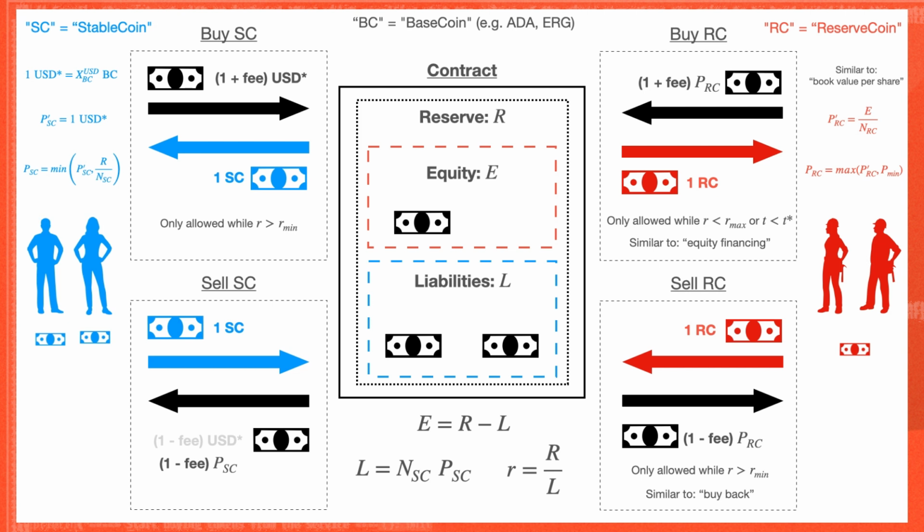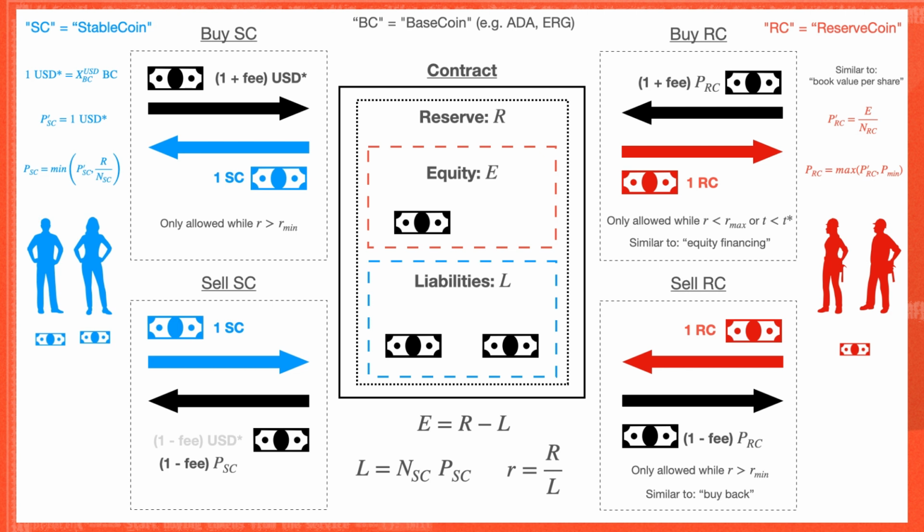If we didn't have this condition of allowing buying reserve coins when the time is smaller than T star, then you basically wouldn't be able to initialize the Stablecoin Protocol, because all these conditions would be too strict, and you wouldn't be able to violate them.